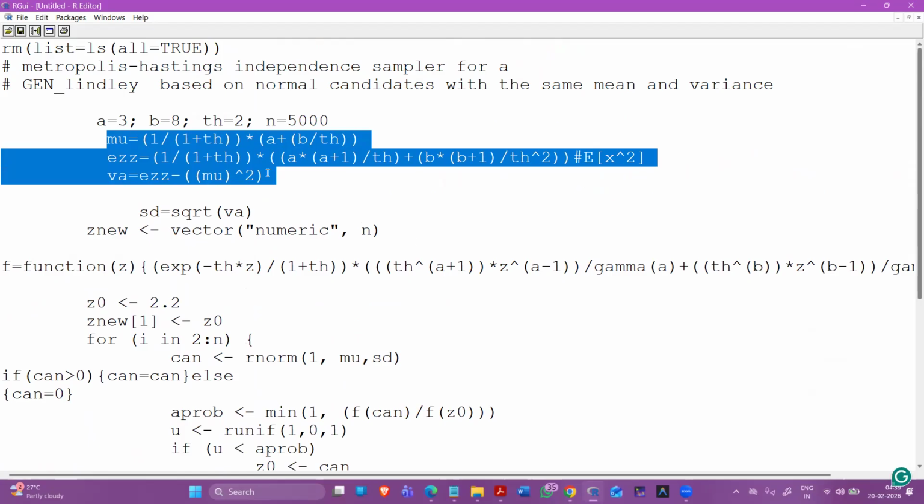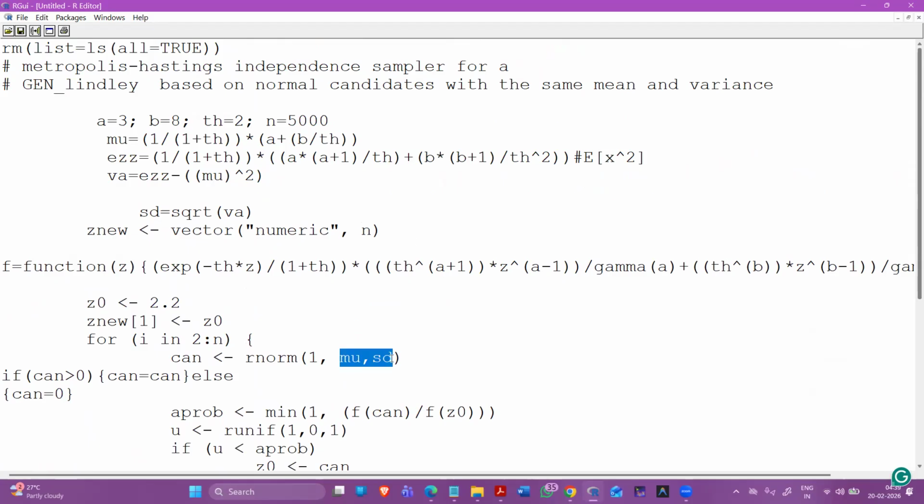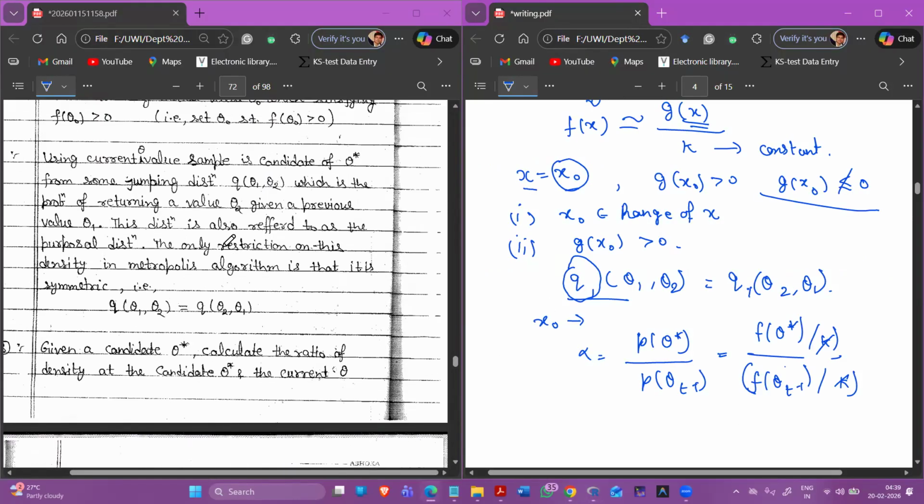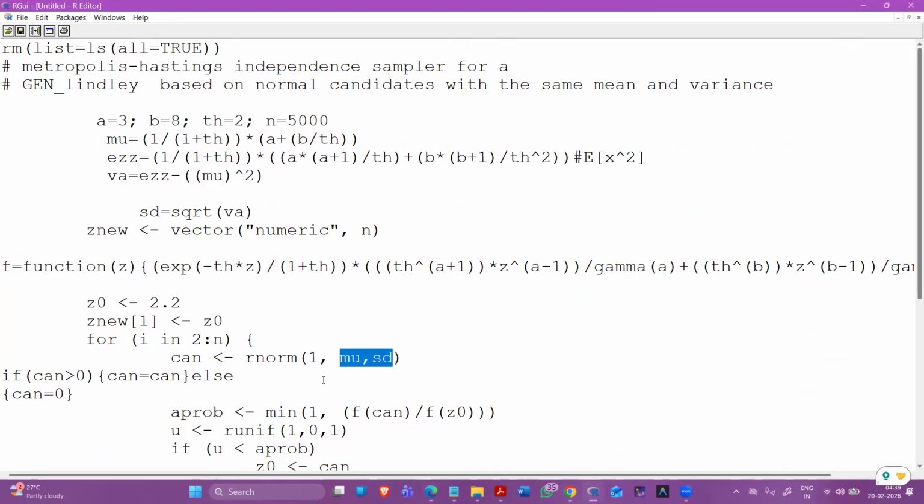Whatever I compute from here, I am going to use the same mean and standard deviation to generate the random number from the normal distribution. Normal distribution is symmetric, right? And here we are saying that the jumping distribution that we are going to generate should be symmetric. So that's why we are assuming here it should be the normal distribution.